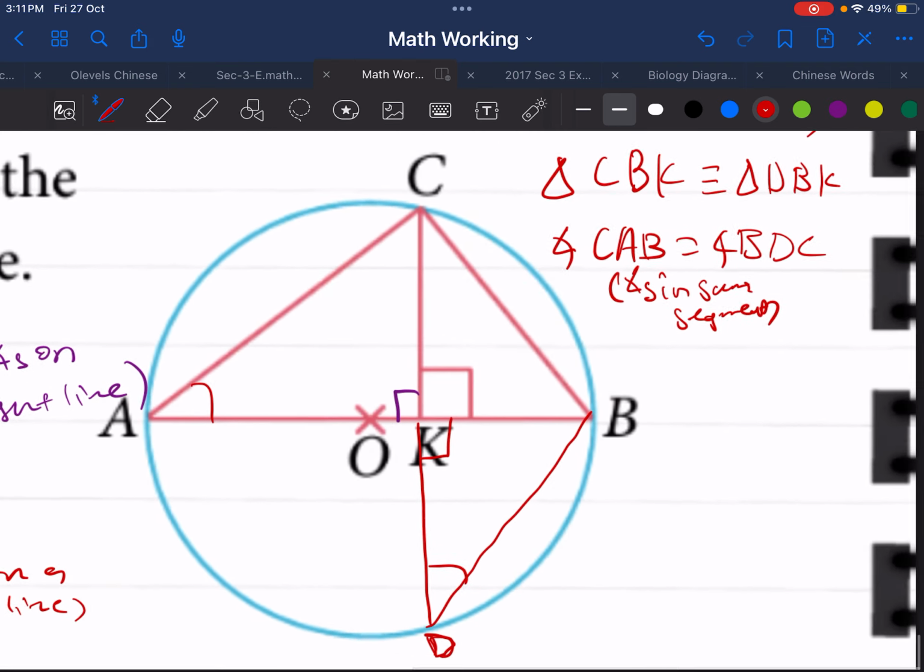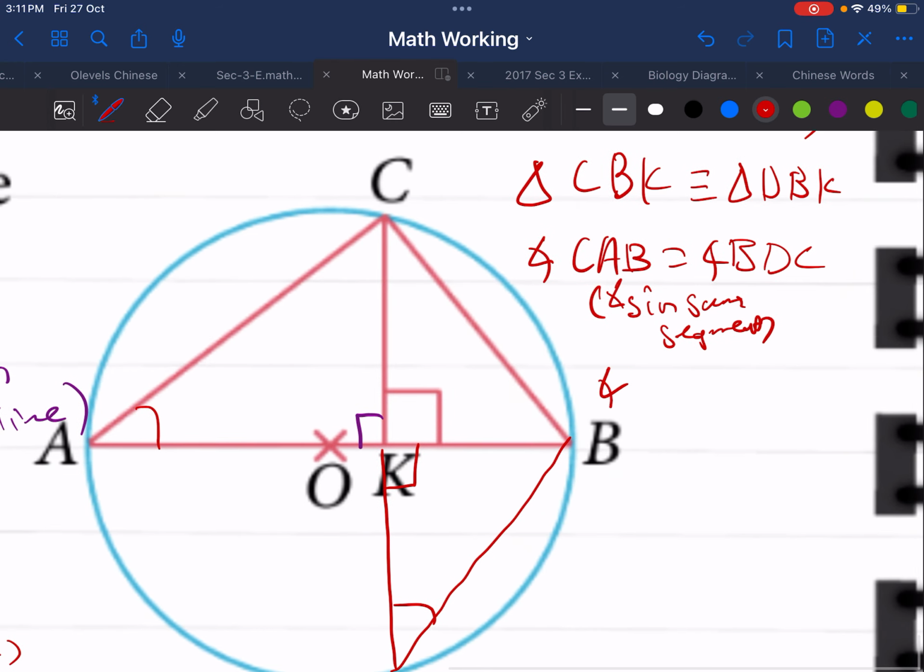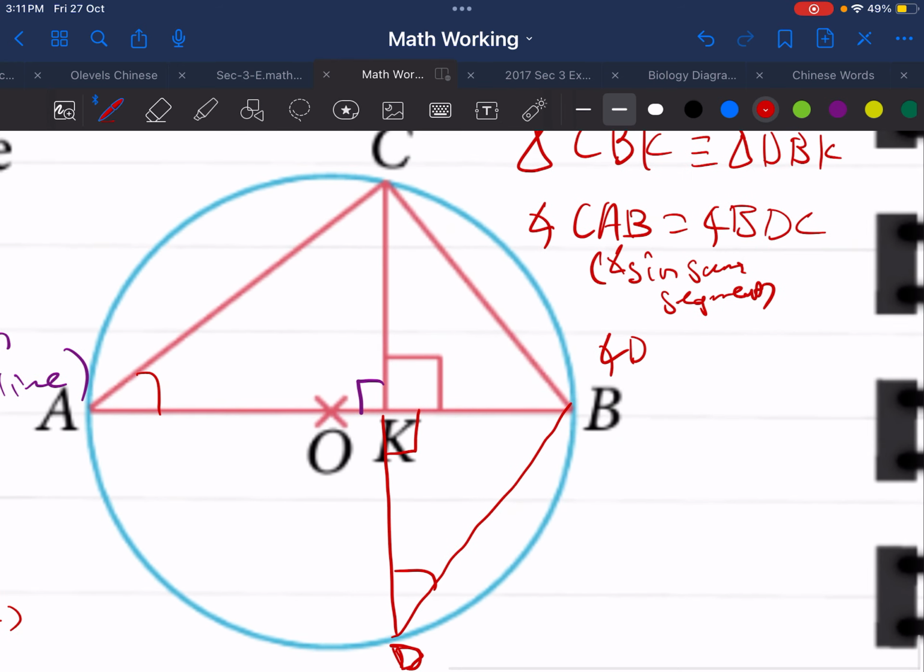So now we know that angle CDB is equal to angle DCB. Why? Because of the base angles of an isosceles triangle.